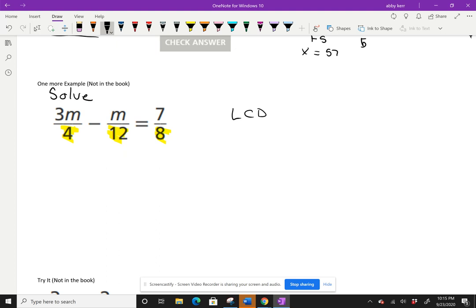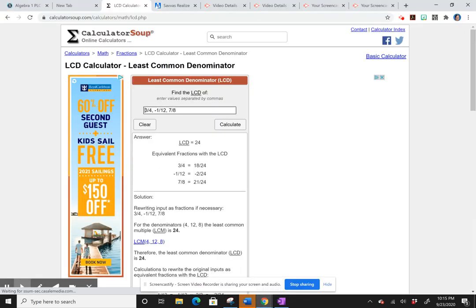I understand that in middle school you spent a lot of time going over least common denominator. However, here, you can just check it on some website. Just Google lowest common denominator, that would be fine. So here, I just typed in the fractions: 3/4, -1 over 12, and then 7 over 8.